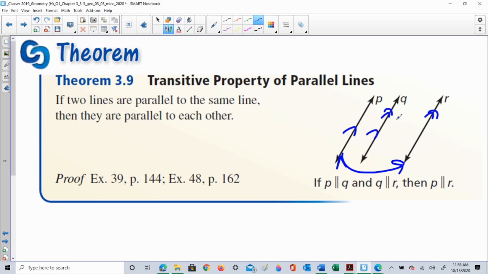Well, if two lines are parallel to the same line, then they must be parallel to each other. If P is parallel to Q, and Q is parallel to R, then I know that P, which is the same drawing I just made, is parallel to R.